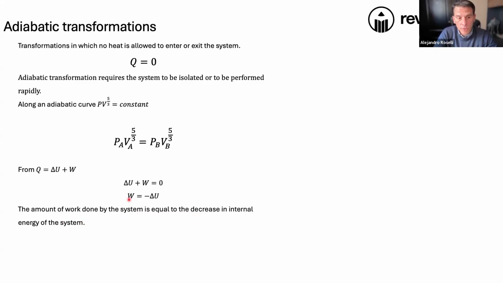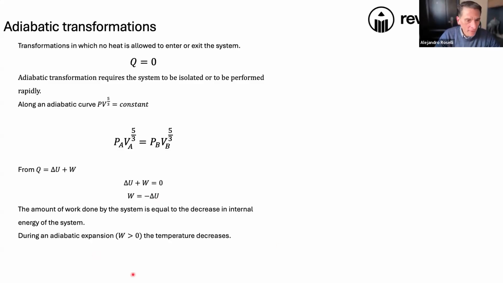If the system is doing work, then its internal energy goes down. It's using its own internal energy to do that work, which makes a lot of sense for the internal energy to go down. It is the system itself using its own energy to push against those walls. So internal energy should go down, and the temperature should also go down.